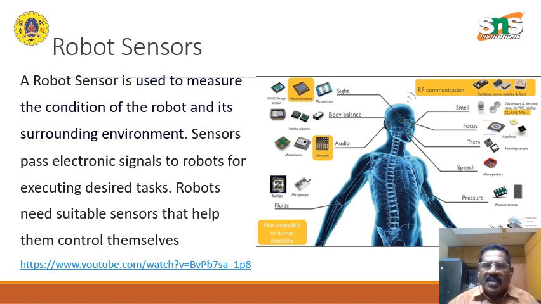You have all kinds of sensors: the sight sensor, the body balance or gait sensor, the audio sensor, the fluid sensor, pressure, speech, taste, focus, and smell. It will be quite interesting to watch this video. This is given in the link, and they explain clearly the various applications of robot sensors.